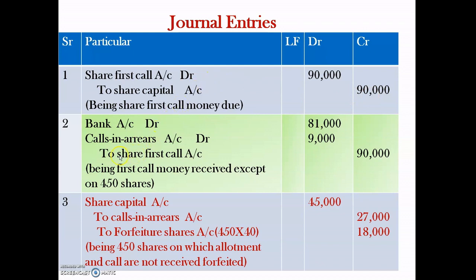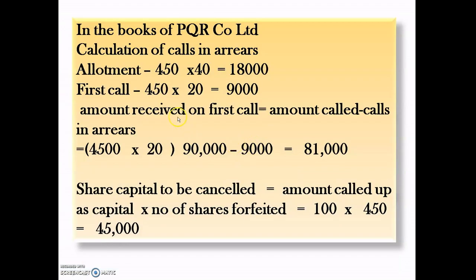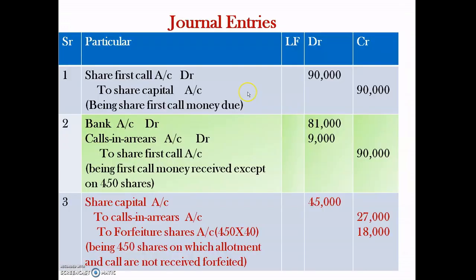Next, see the received entry: bank account debit, calls in arrear account debit, because there is a calls in arrear on first call, to share first call account. Under bank account, at the very first we have to write this amount 91,000. See the cursor, this amount we have to write first. This whole amount we have to transfer here, that is 90,000. After that we have to write calls in arrear. Here we did the calculation, calls in arrear is 9,000. See the cursor, this 9,000 we have to write here.